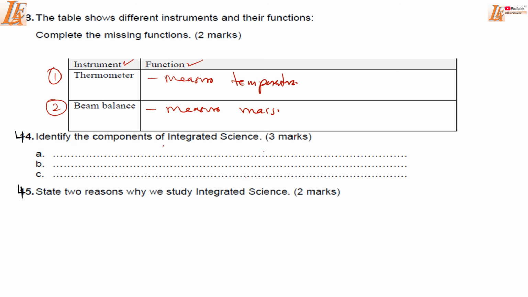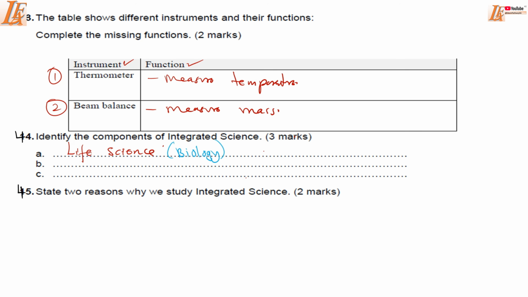Then question 44. Identify the components of integrated science. In this case, we said we have three main components of integrated science. The first one is life science, where we study biology, which is the study of living things.